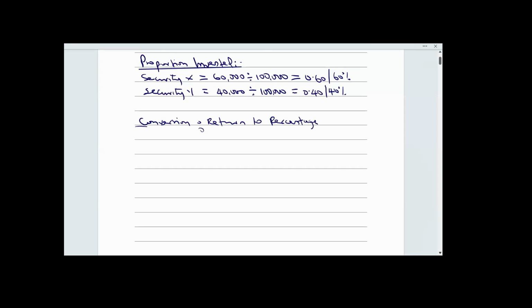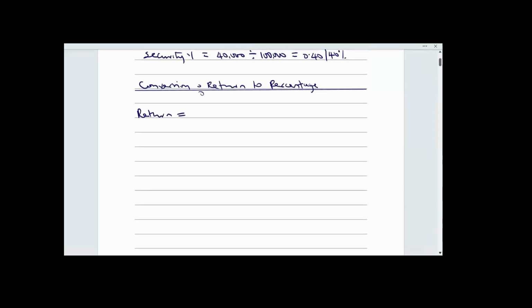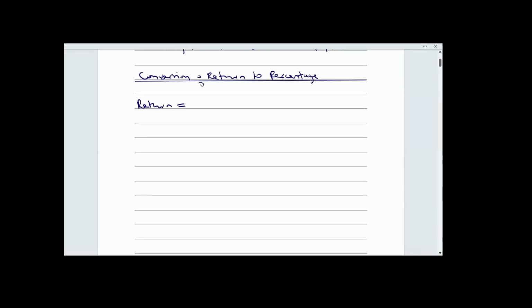To do this, anytime you are given the return in absolute number instead of percentage, you need to convert it to proportion or to percentage using this formula.